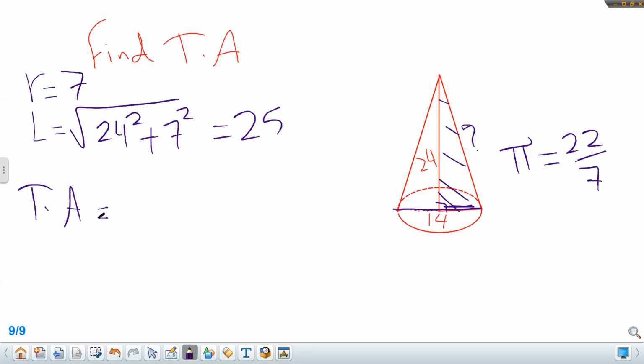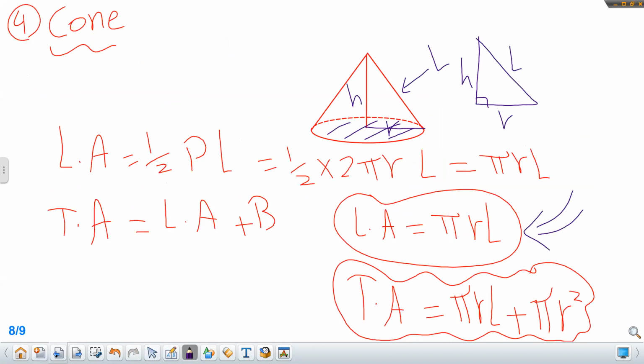Total area equals what? What's the rule? Again, what's the rule of the lateral area and total area? Lateral area equals pi r L. Total area equals pi r L plus pi r square.